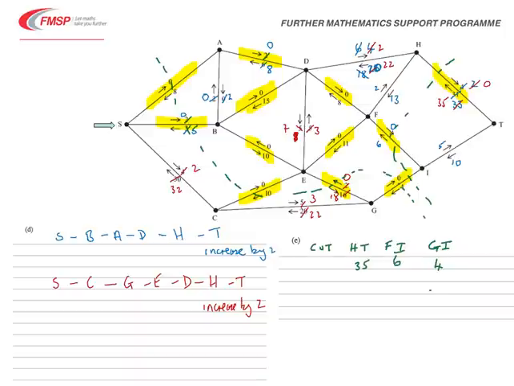And there we've got a total of 45. So we can say we found a cut of capacity equal to 45, but this is our flow, and therefore the flow we can say is a maximum.